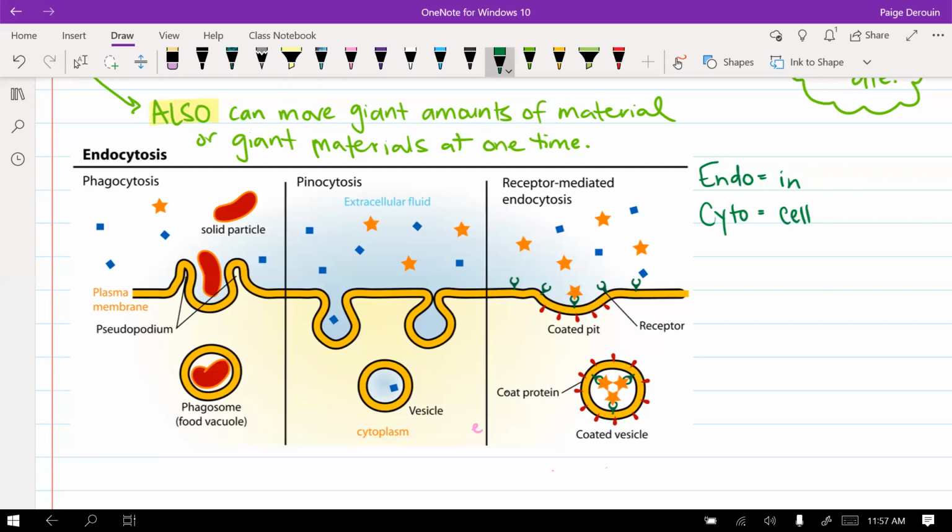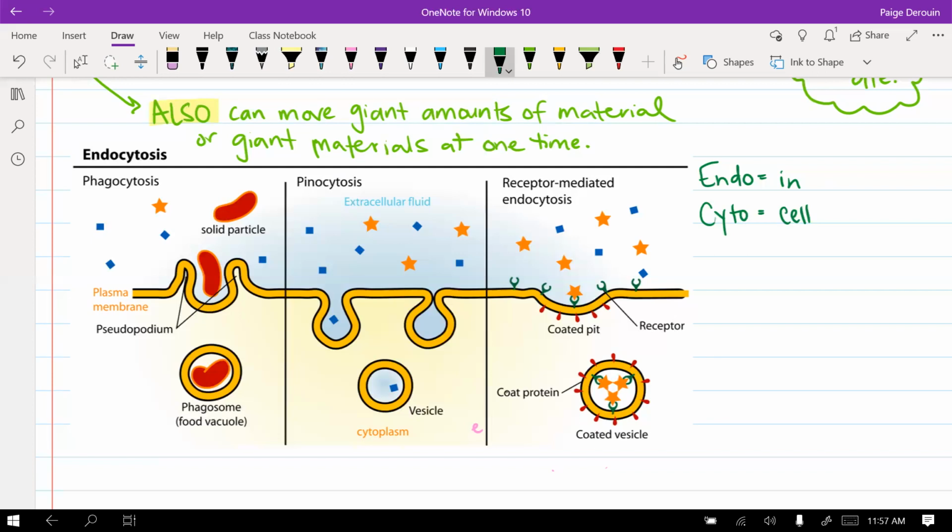The last one, which I'm just going to talk about, but I'm not going to write about, is this one, receptor mediated, which would only be used if the cell really needs one specific type of molecule, like a hormone. So what will happen is the cell has these special receptors that only attach to the star molecules.